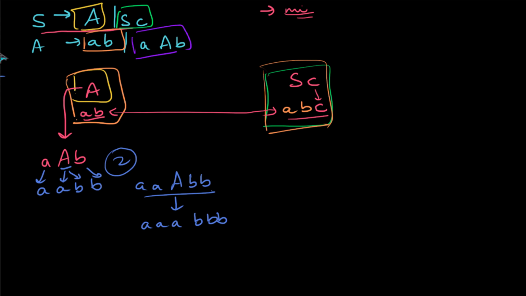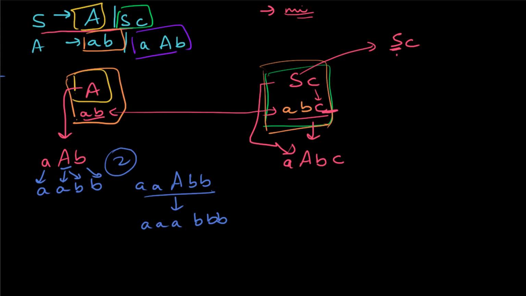But the thing is that we get a C in the end every time, because we start with C. And now what you can do is you can get it as AC if you just use this part, right? And S actually calls for SC. So S starts with SC, right? And it doesn't call for A right here.